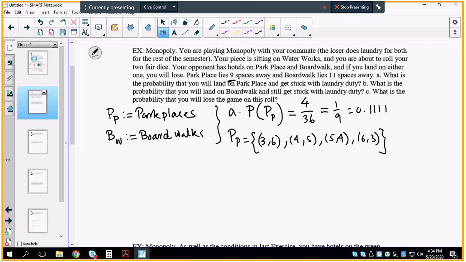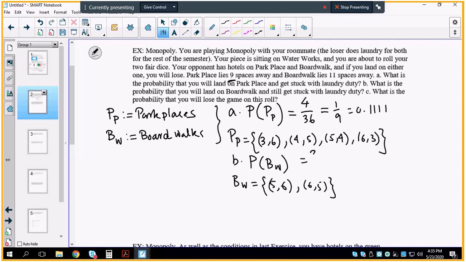Answers my question. The second one is, what is the probability that you will land on Boardwalk and still get stuck with the laundry duty? So I want to know probability of Boardwalk. And remember, this one, you will land there if your sum is 11. So I will write down what are the dice possibilities. I must get 5 and 6, or 6 and 5, and then the sum is 11. So there are only 2.